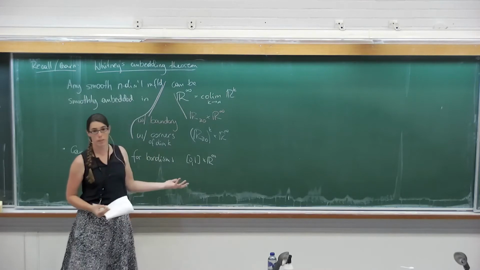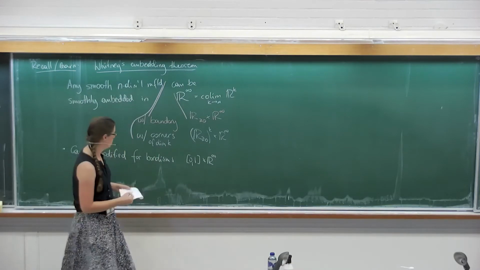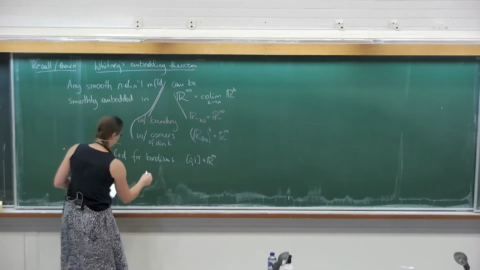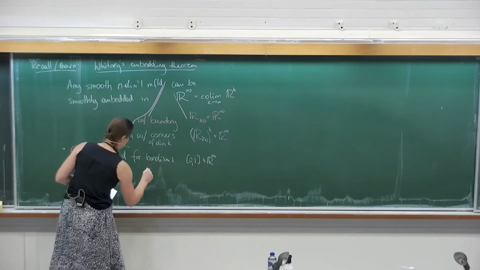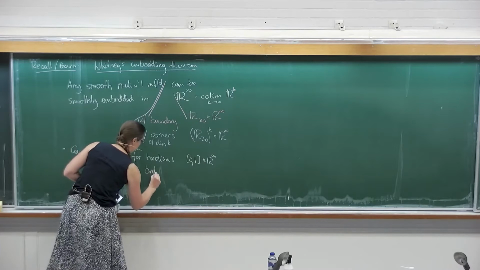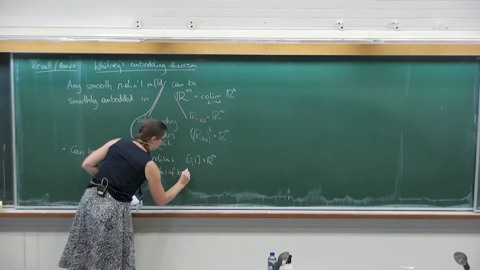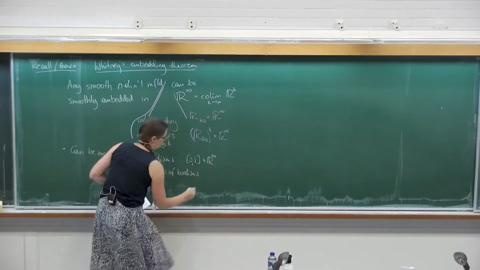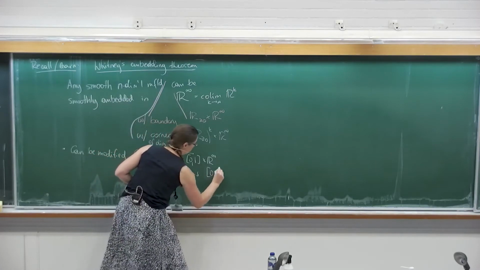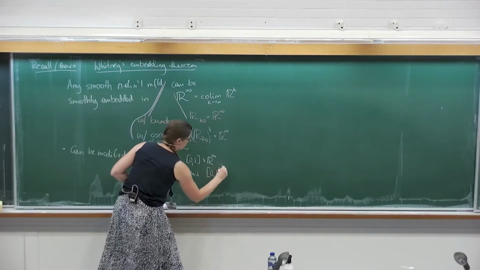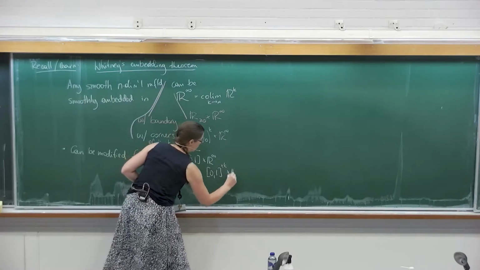That's how we picture them, how we always draw them. Or even bordisms of bordisms and so on, and then they can be embedded into [0,1]^k times R^∞.